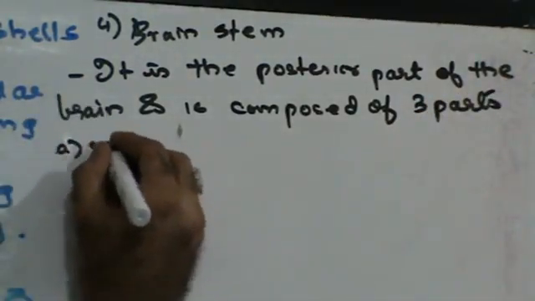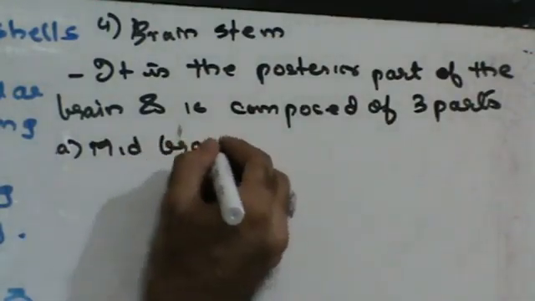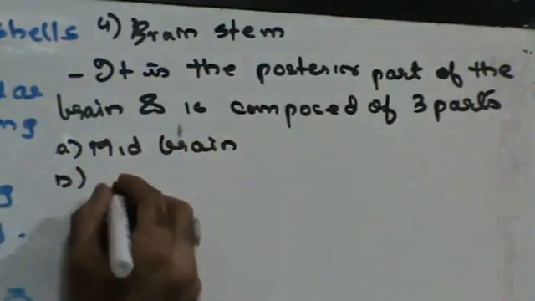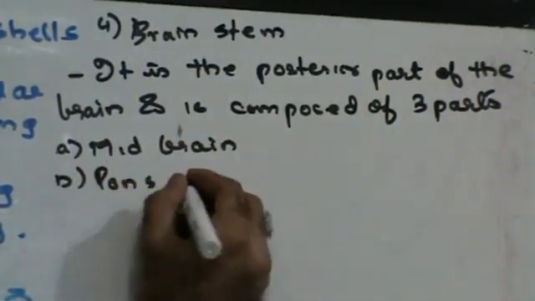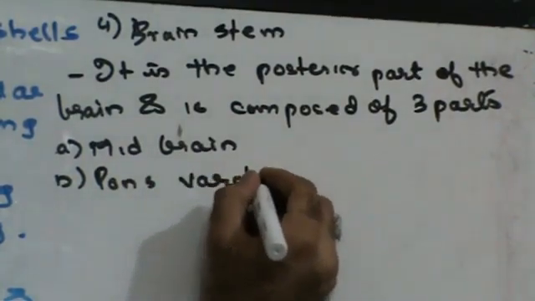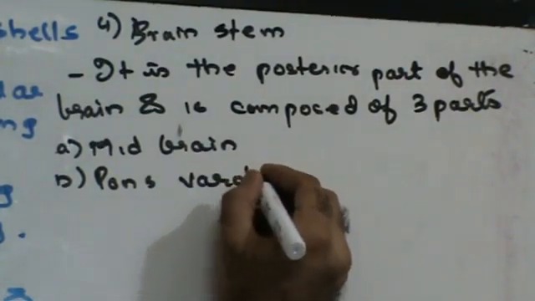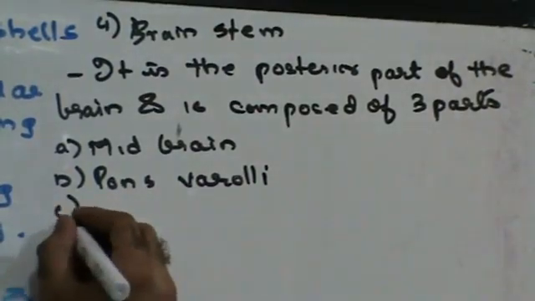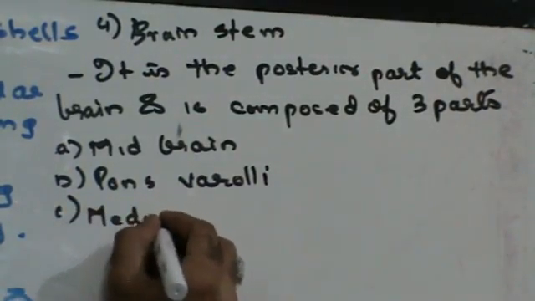A, the midbrain. B, pons varolii. And C, medulla oblongata.